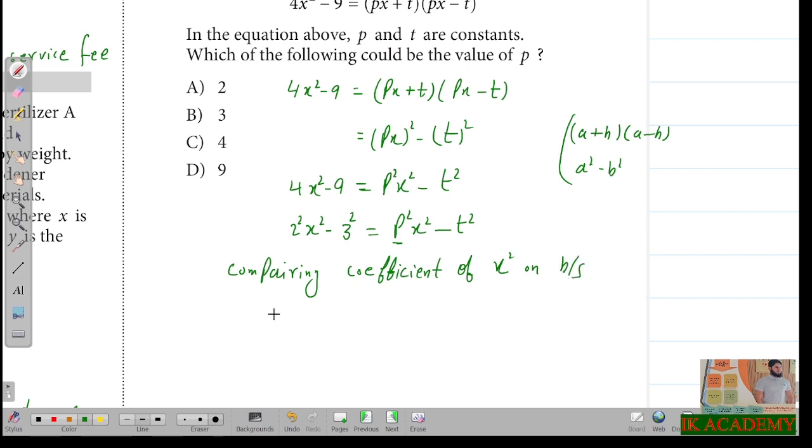So I can say that the first is 2 squared, which is equal to p squared. It means p is equal to 2. So option A is the correct option. Let me circle it with the red mark. So option A is the correct option. P is equal to 2.